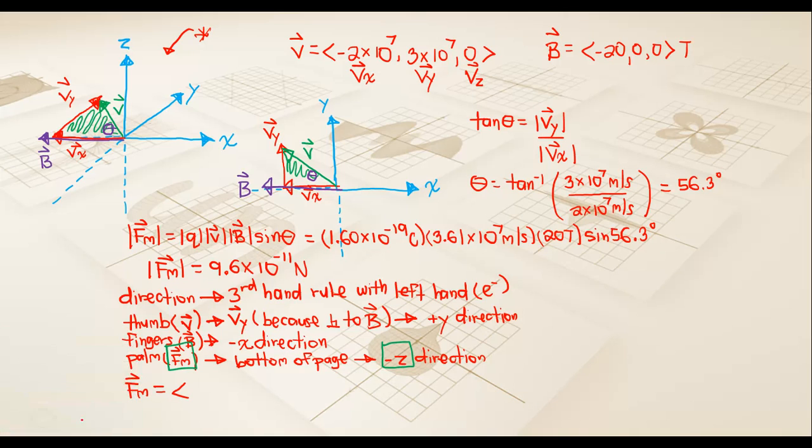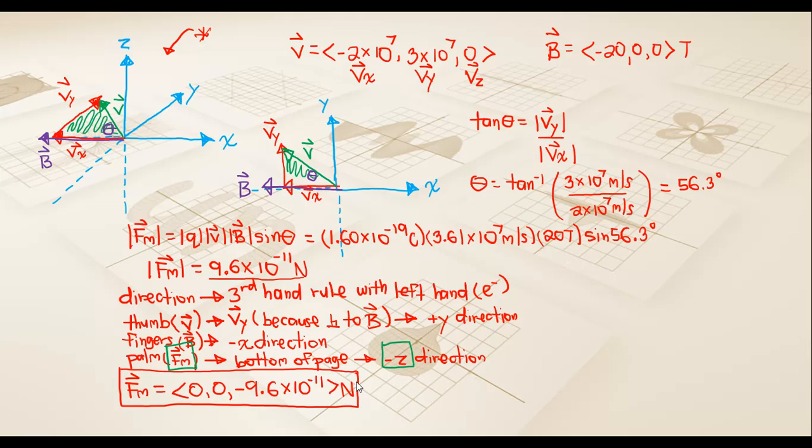Therefore, it has no X component and no Y component. The Z component would just be the magnitude value, 9.6 times 10 to the negative 11, but in the negative Z direction. So we'd write it as negative 9.6 times 10 to the negative 11. And then we write down the units on the outside. So the ordered triple is 0, 0, negative 9.6 times 10 to the negative 11 newtons.